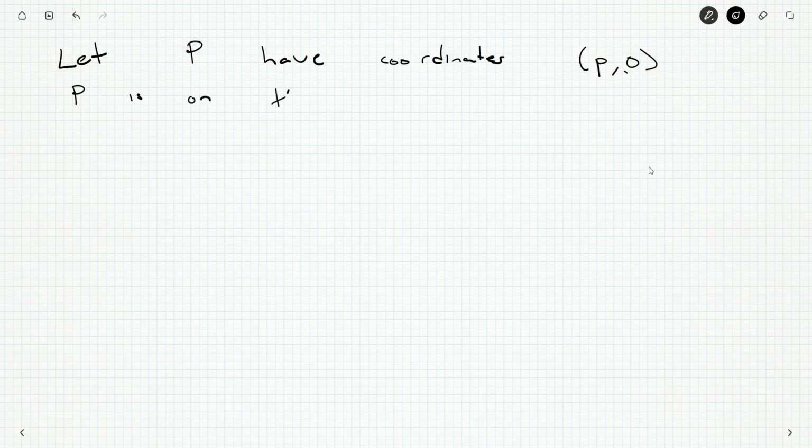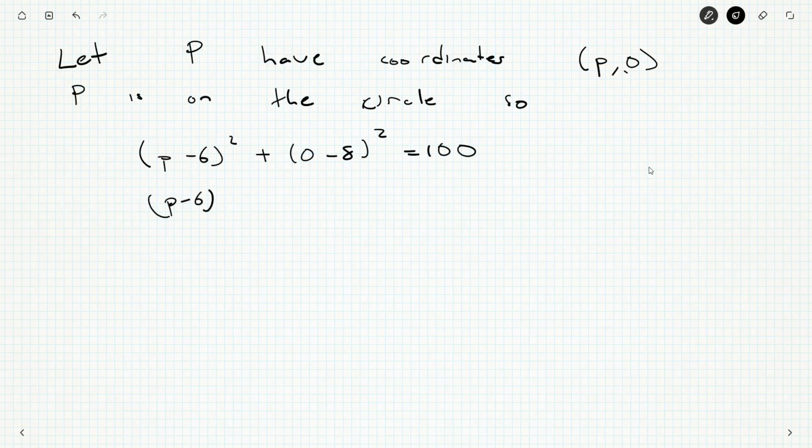P is on the circle, so (p - 6)² + (0 - 8)² is going to be equal to 100. Well, p - 6 is not a whole lot I can do with that, but (0 - 8)² is just (-8)², which is 64.